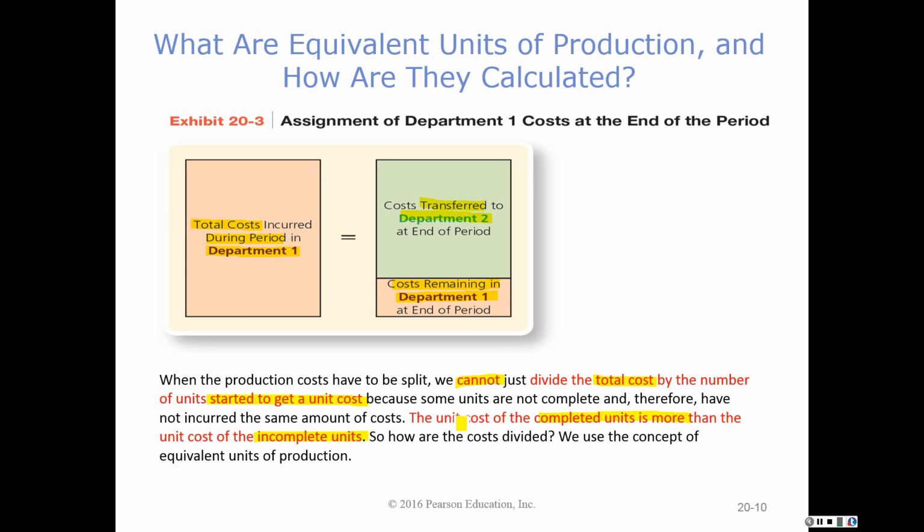Now you may need to go back and review this slide a couple of times to get into your thought process why we actually need equivalent units. Some of the costs in the department will be finished, some of them will not. How do we decide which cost for material, labor, and overhead get moved to the next department, and how much of those costs have to remain in the existing department or process until they are complete?